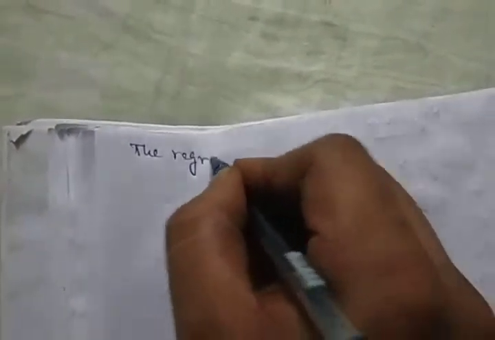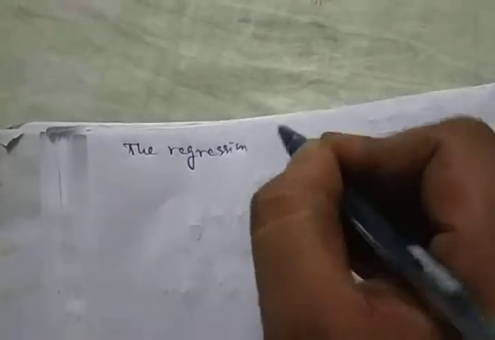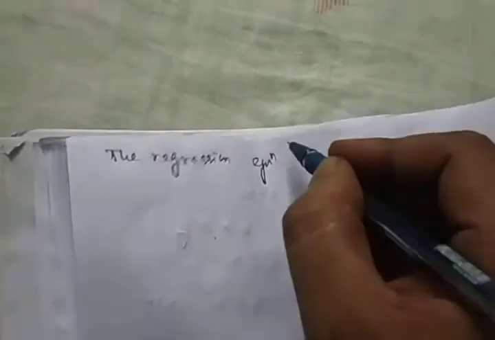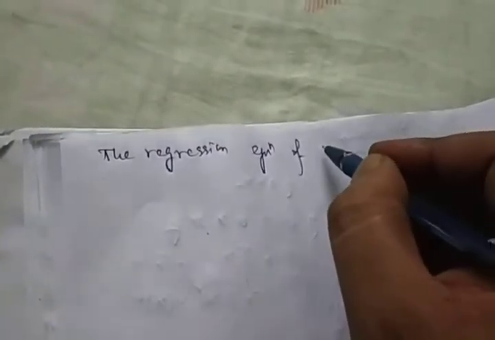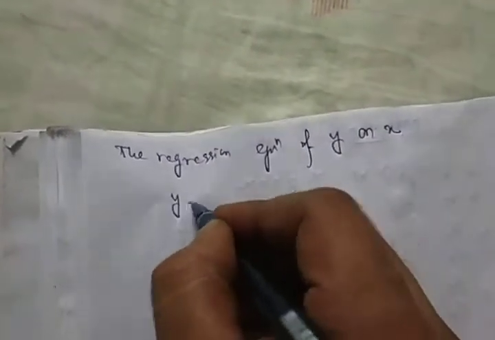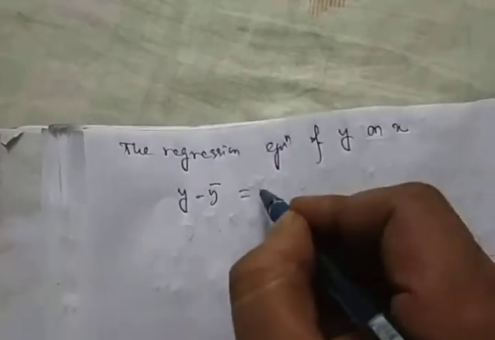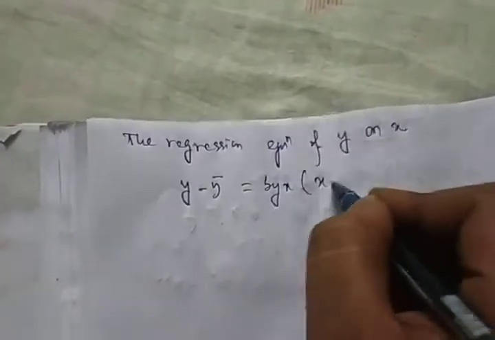Okay, now we can find the two regression equations. So the regression equation of y on x is y minus y bar equals byx into x minus x bar.